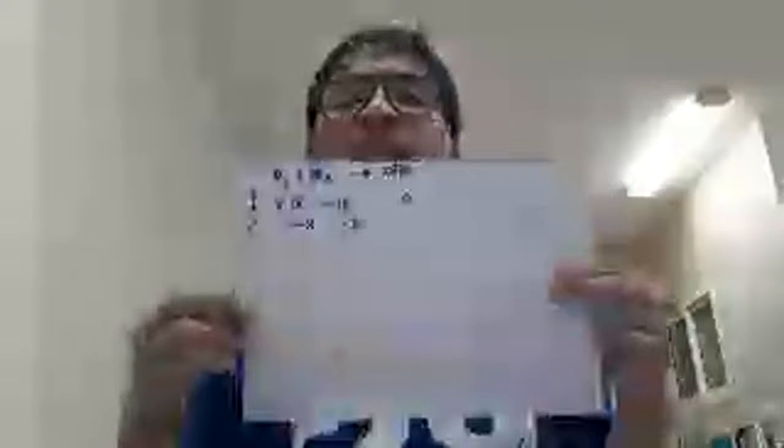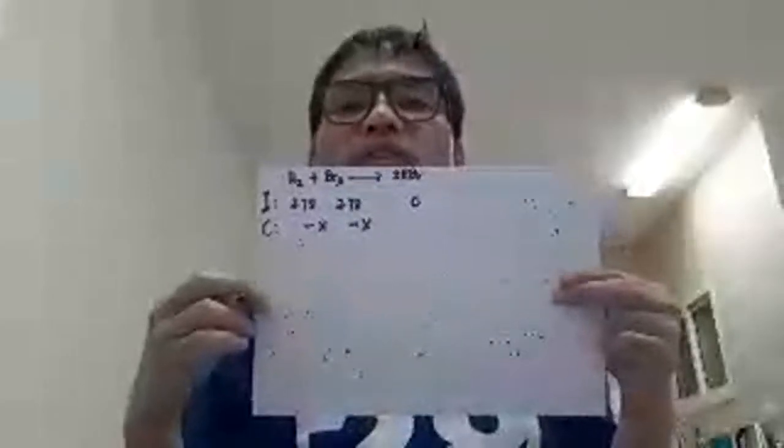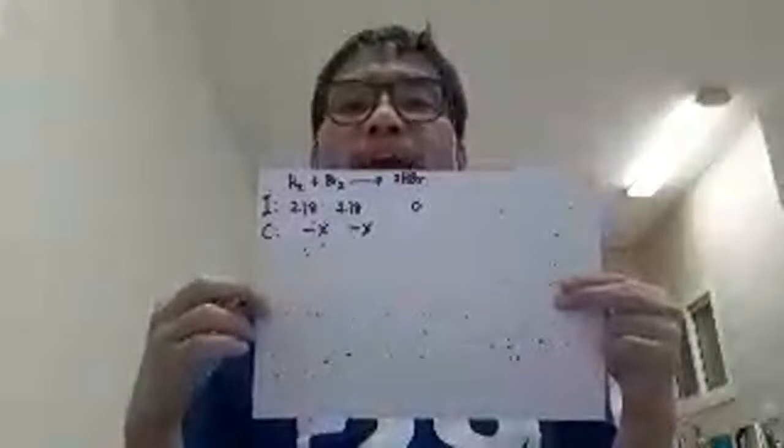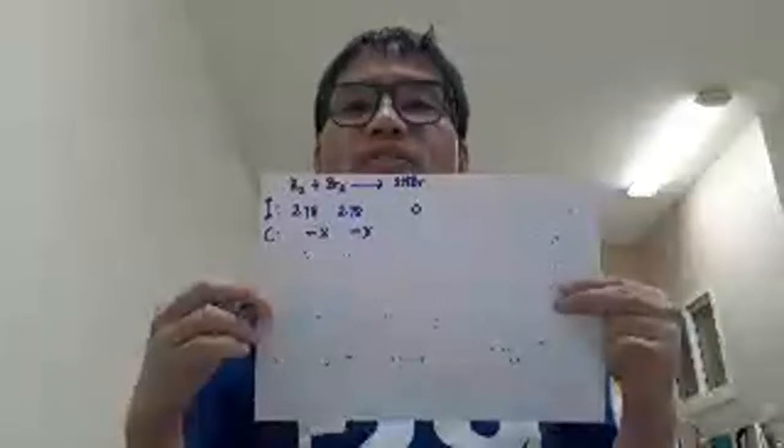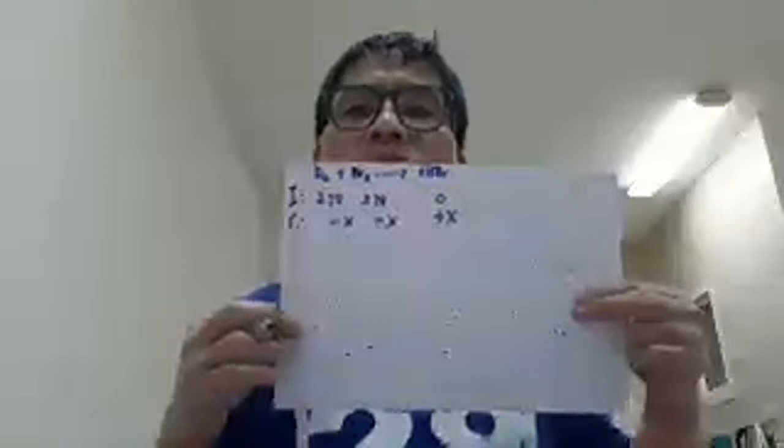Okay, this is minus X. Okay, minus X and minus X. Now in the hydrobromic acid, since it will receive the molar concentration of H2 and Br2, that is positive X or plus X, because again we let X as the molar concentration during changes. Okay, because it received, that means plus X. Okay, like this. So that is our C, changes: minus X, minus X, plus X.